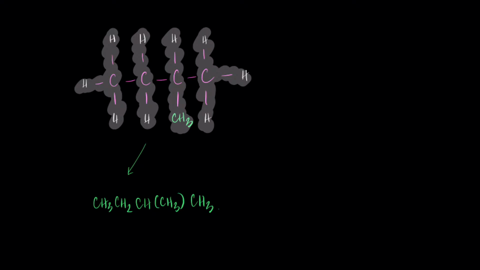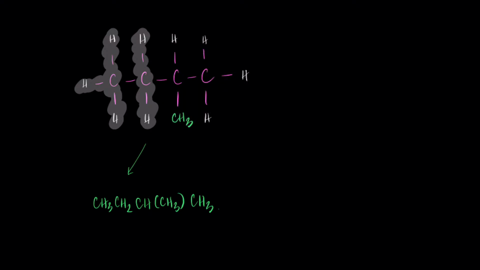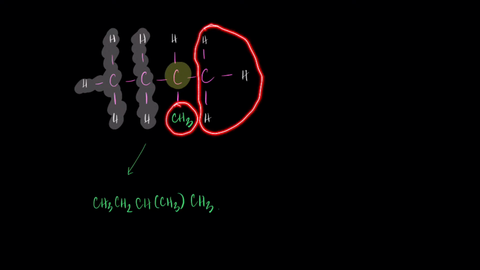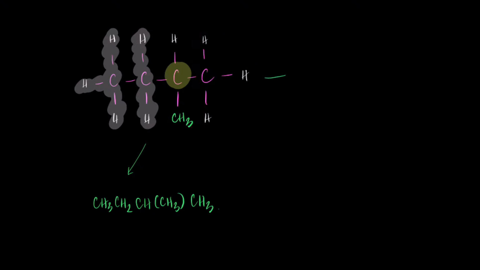Another way of talking about this is the first 2 parts are fine. But if you focus on this carbon, that carbon, that's where the trouble began, right? There's a CH3 on it and another CH3 on it. Or maybe you could write it like this if it's confusing.